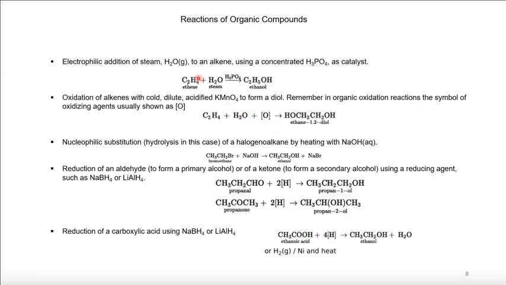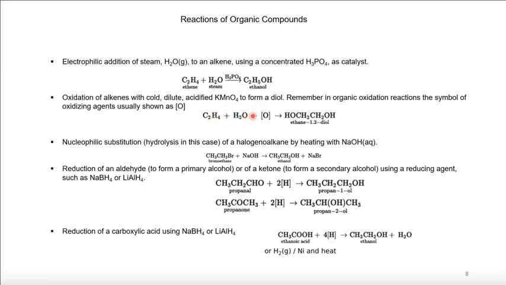We take ethene with steam and phosphoric acid as a catalyst, and we get ethanol. This is one of the very well known ways to make ethanol. We can also oxidize alkenes with dilute acidified potassium permanganate to form a diol.